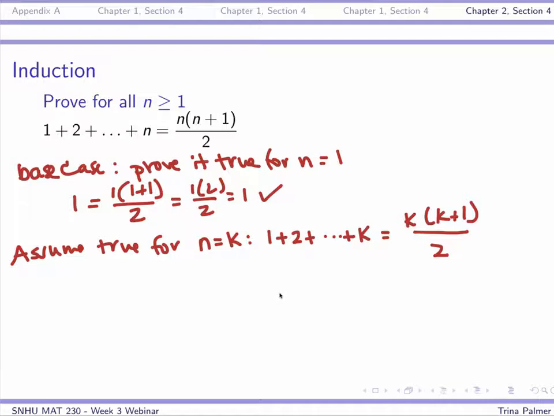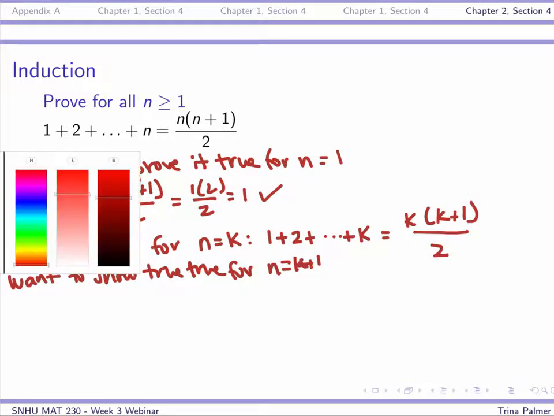We're going to assume that's true, and then we want to show that it's true for k at the next step. If we assume it's true for 10, we want to show it's true for 11. So show true for n equal to k plus 1.